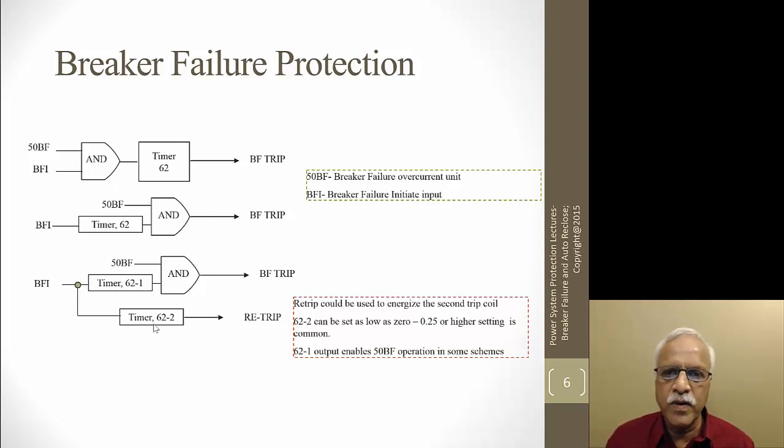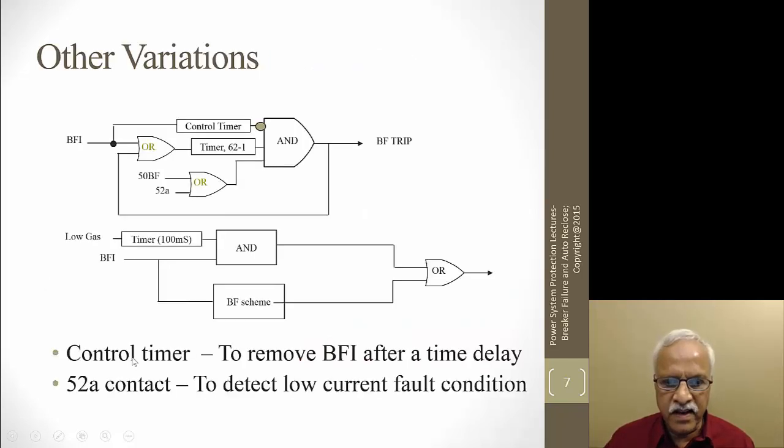So you have overcurrent and breaker failure initiate starting a timer, and then checking at the end of the timing for the current still through the relay, and also there is a retrip. In certain cases where the current may not be sufficient, this is very common on generators which are on turning gear.